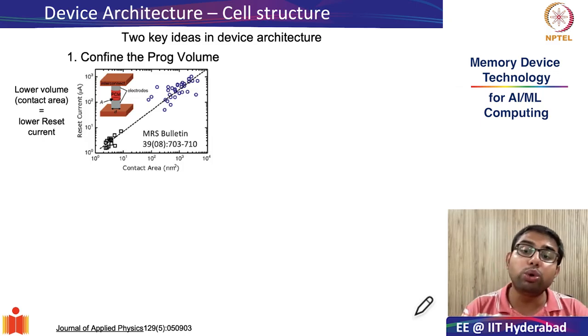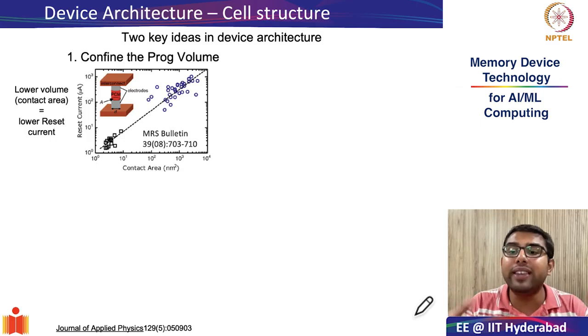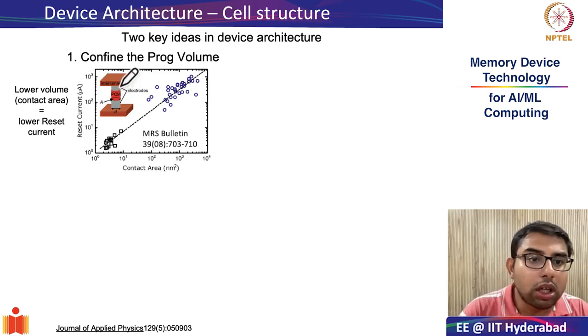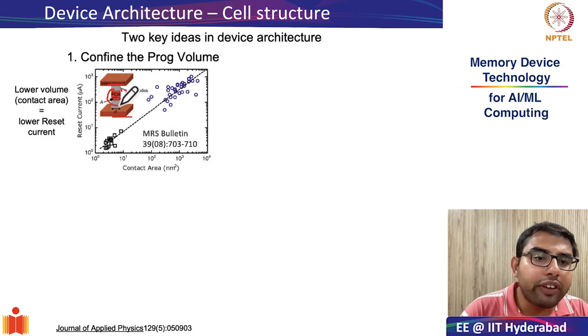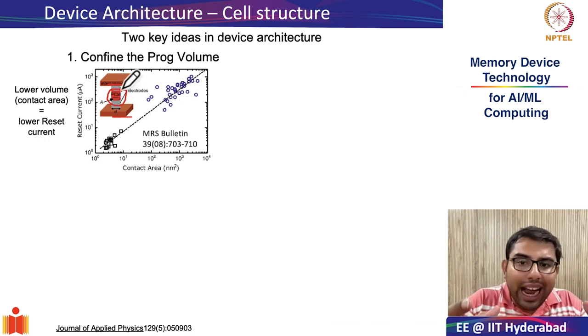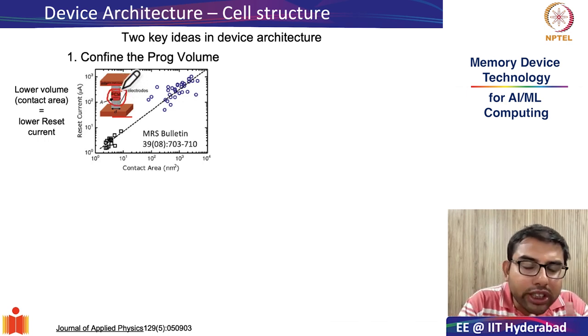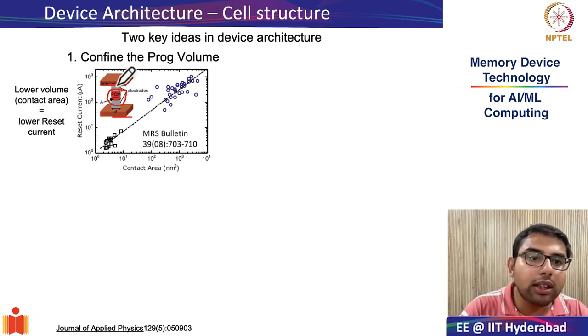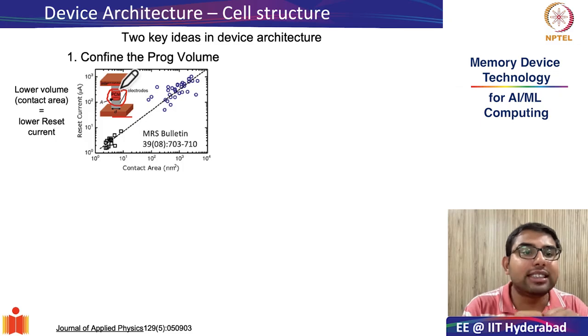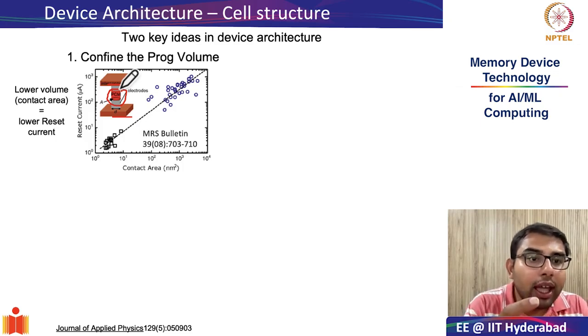Why do we want to reduce the volume? Because the more volume you have to bring to melt temperature, the more will be your reset current. So, as you can see over here, this is your top and bottom electrode, and this is your phase change material. So, the idea is, can we reduce the contact area between the top and the bottom electrode contacts such that the programmable volume also reduces?